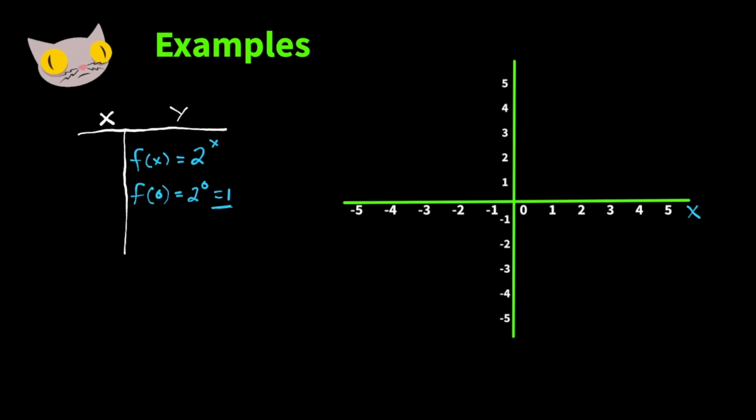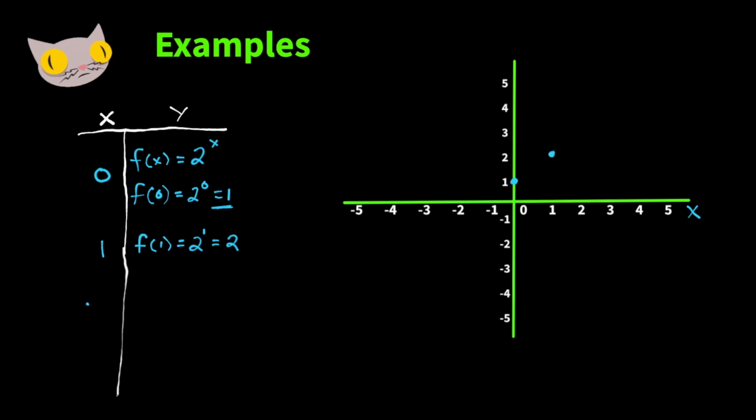This is our y value for the coordinate, and our x value was 0. So our first point is 0, 1, right here. Let's find the point at x equals 1. So we have f of 1. It gives us 2 to the first power, which is just 2. So there's our next point, 1, 2. So we go over 1, 2.